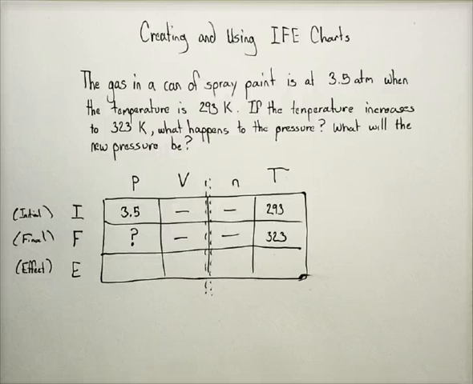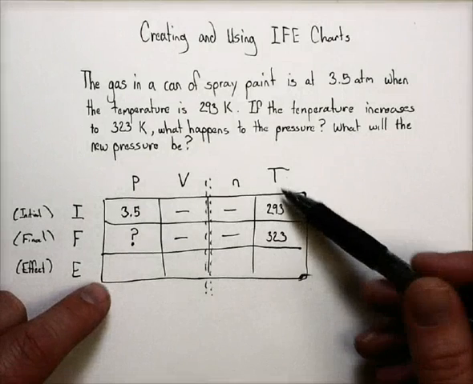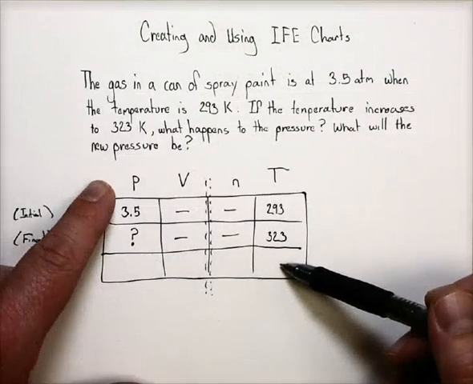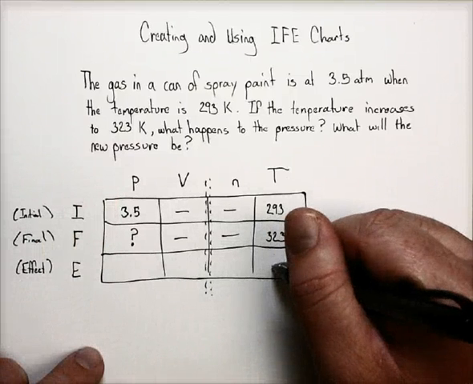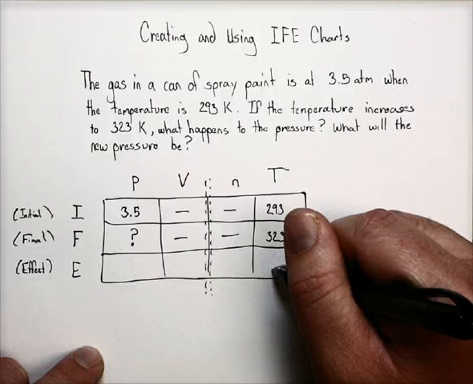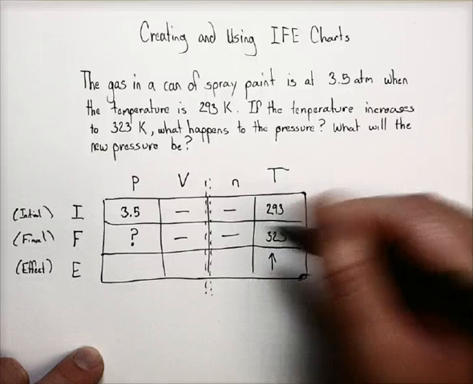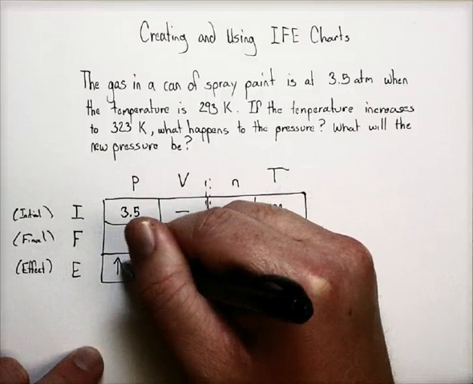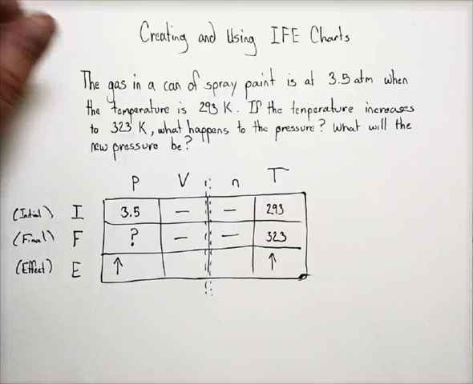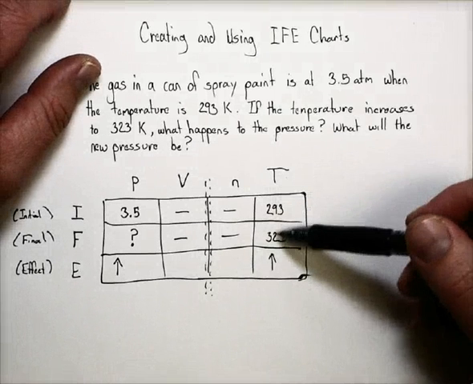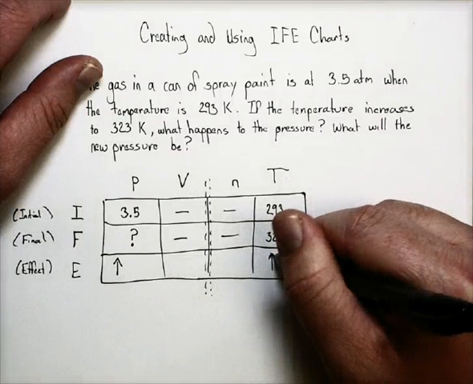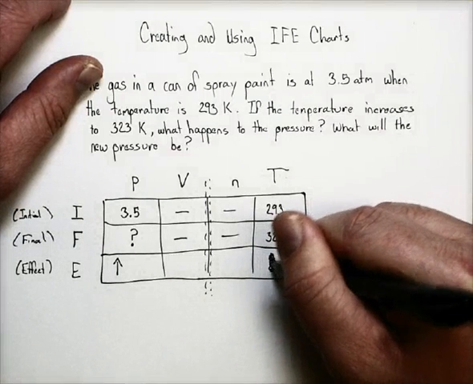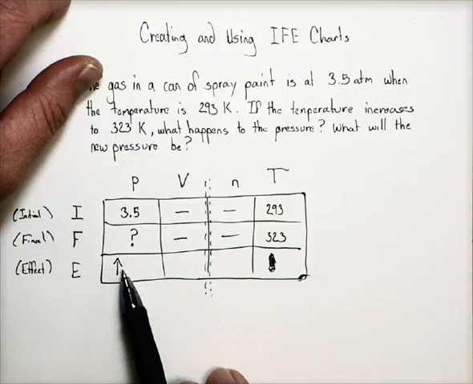Now, going back to this, we want to know the effect that the temperature is going to have on the pressure. Well, the temperature went up, so the effect is that it's going to go up. Let's just put it over here with the thing we're interested in.